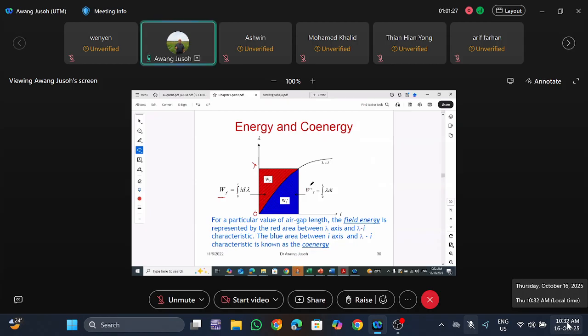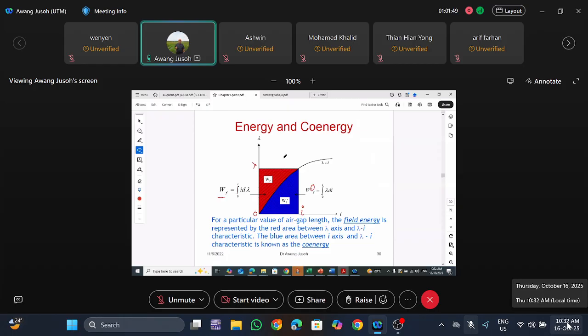Whereas the blue color is the complementary one. How do we get the blue color? It's the integration of lambda di from 0 to I, the current. We integrate from 0 to I, lambda di, and we get W prime F, where prime represents what we call co-energy.